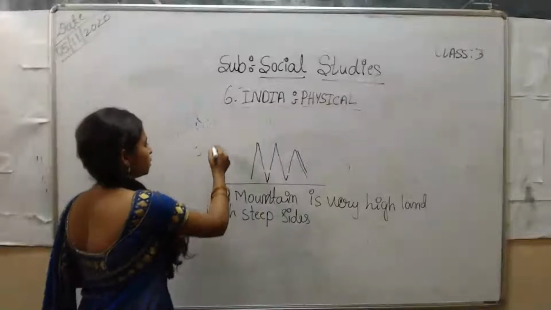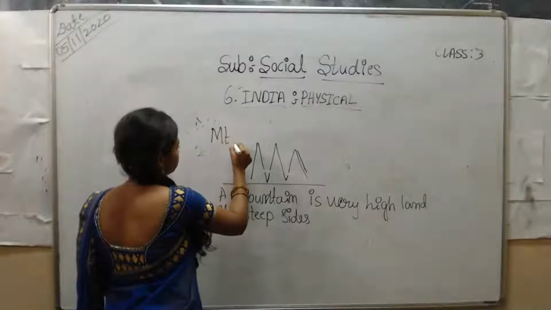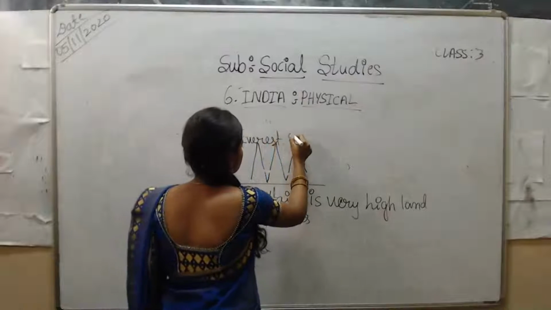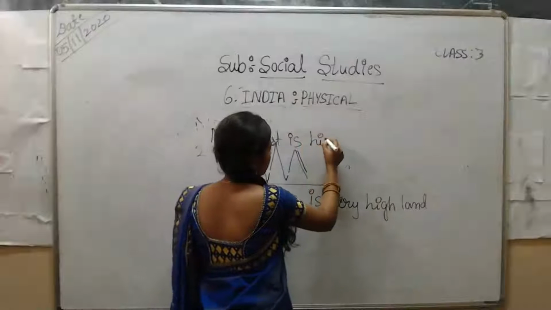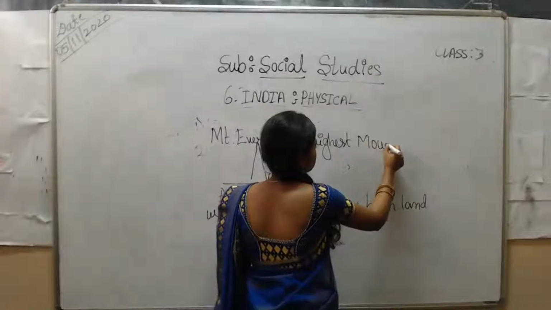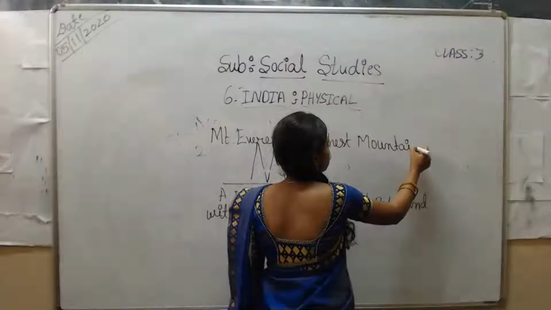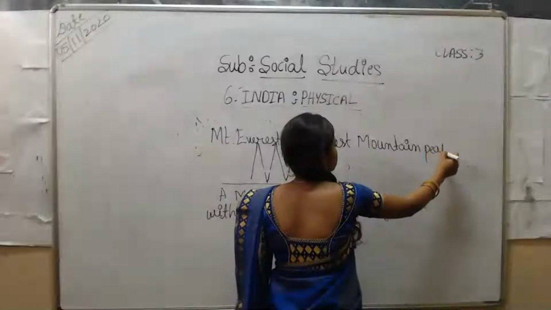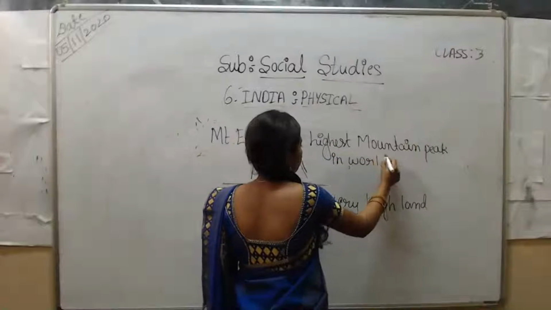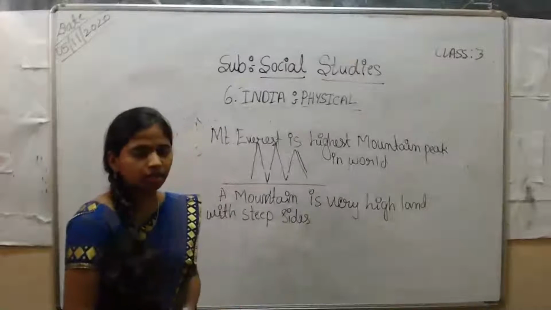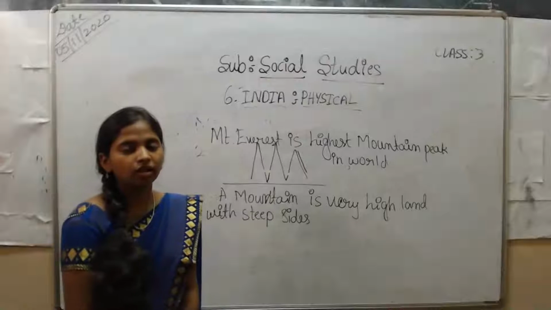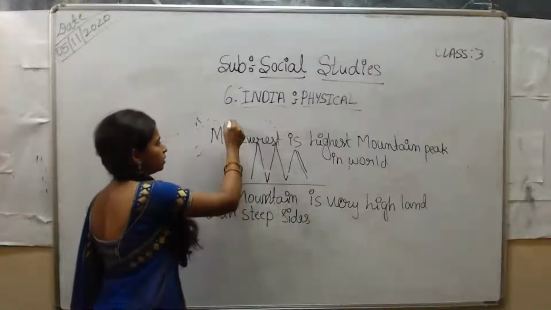Mount Everest is the highest mountain peak in the world, whereas the Great Himalayas are the highest mountain ranges in the world.